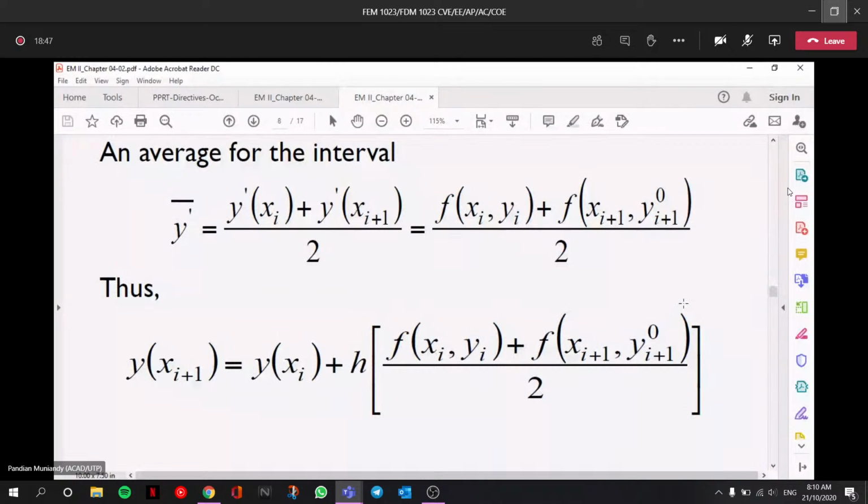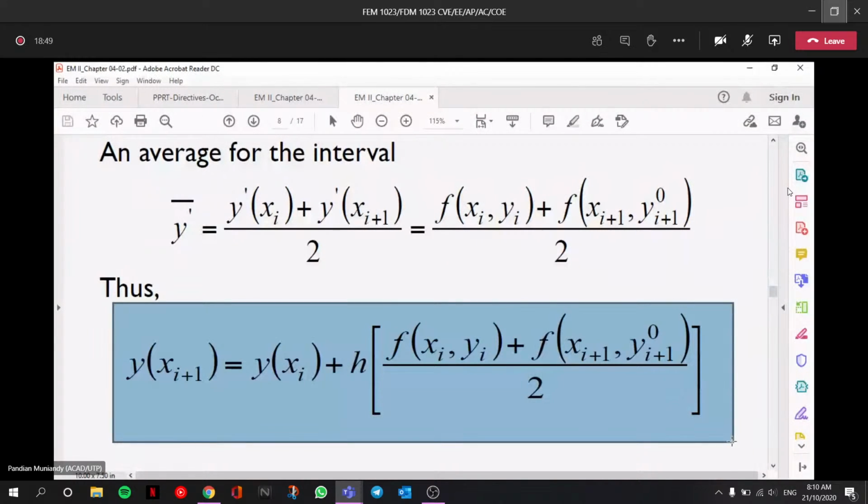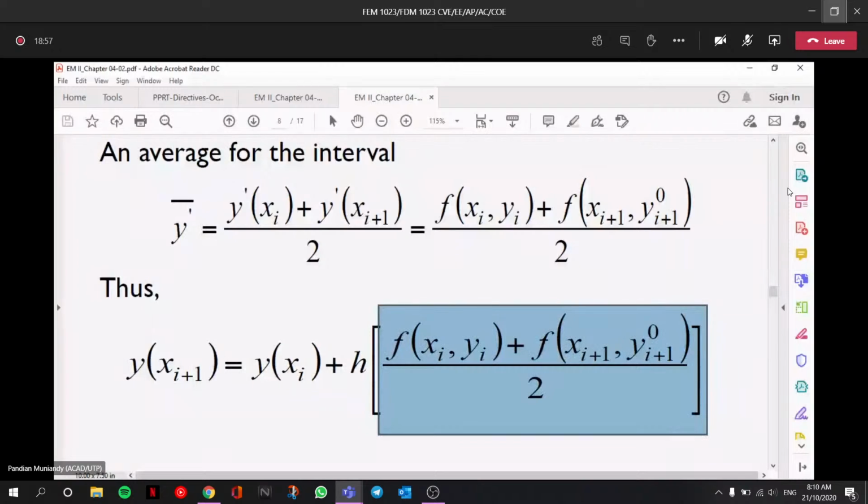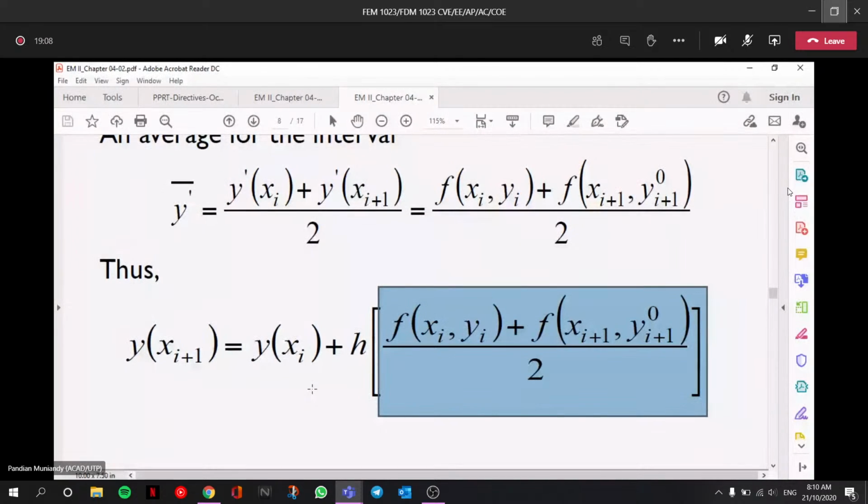So the whole formula is called Yoon's method. If you look carefully, only this part is different from Euler. He is using Euler's method again, but in a more comprehensive form, meaning you have averaged. So this is a very good approximation.